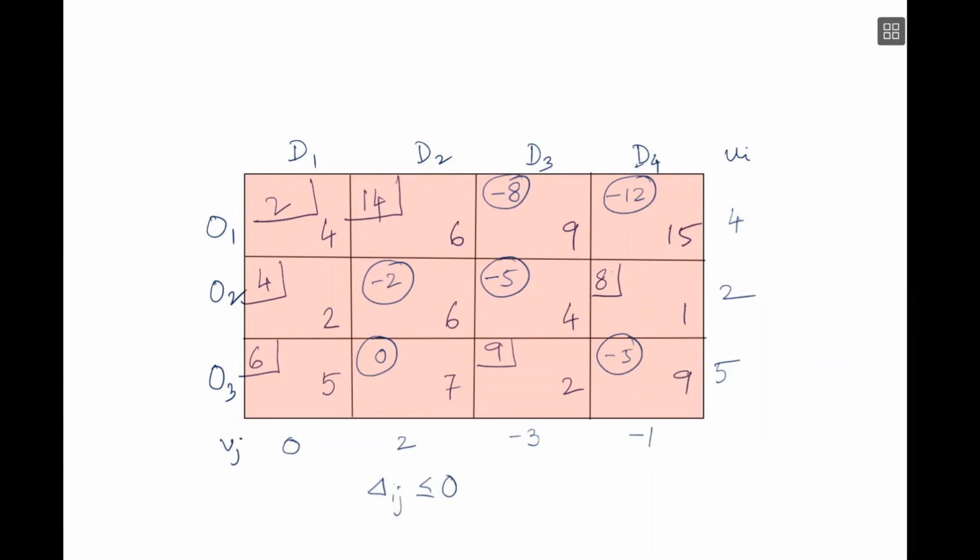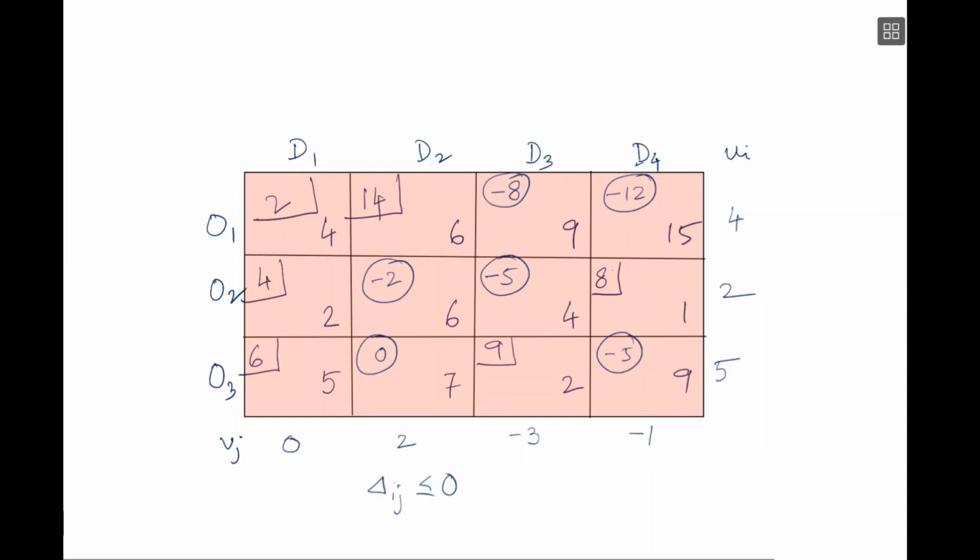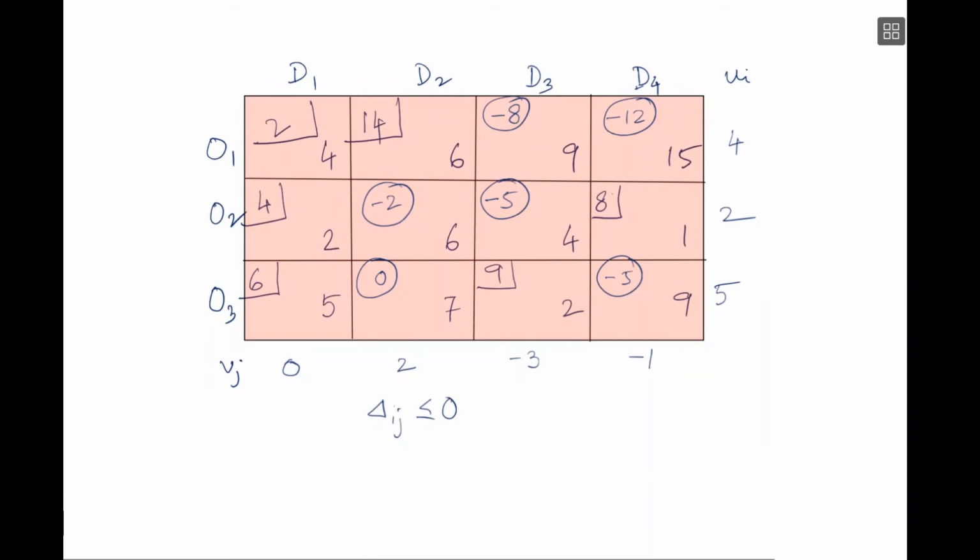And we see this solution is different from the solution we obtained in the matrix minima method or in Vogel's approximation method. We find the cost, okay, better we write the solution once again.